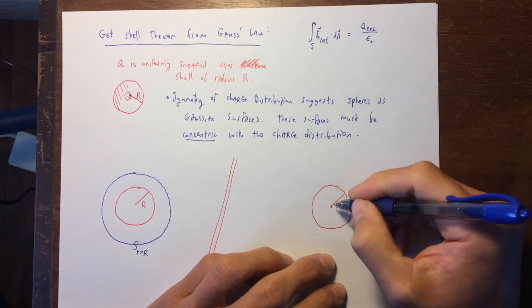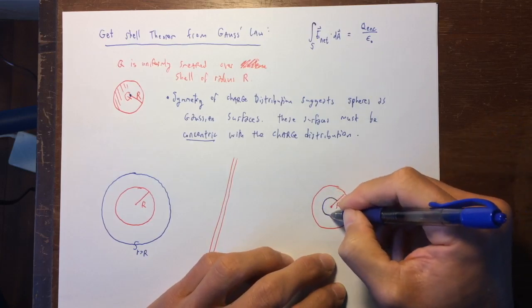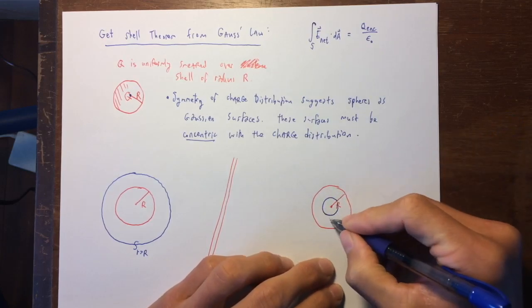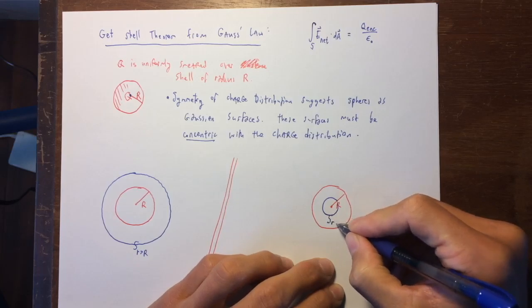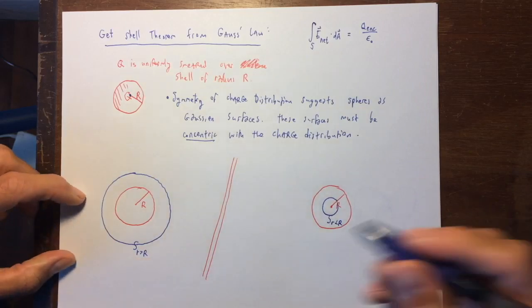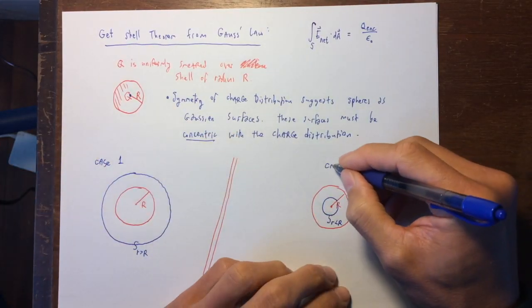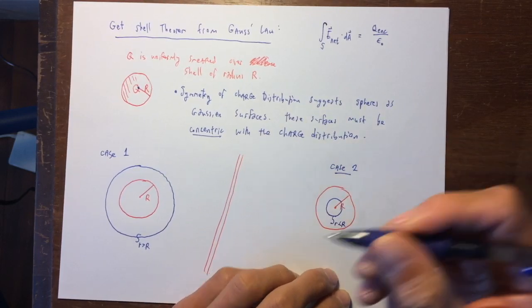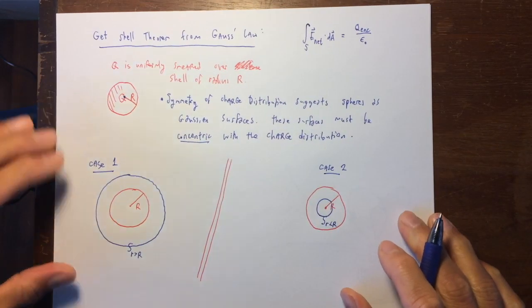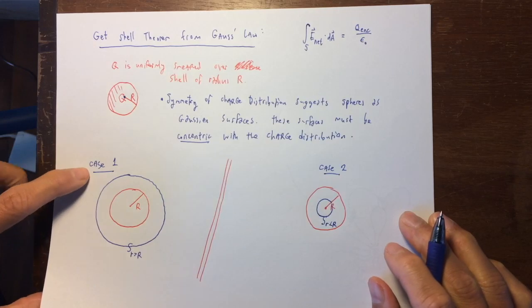Let's study Gaussian surfaces with radius smaller than R. So this will be case 1, and this will be case 2. So let's look at case 1 first.